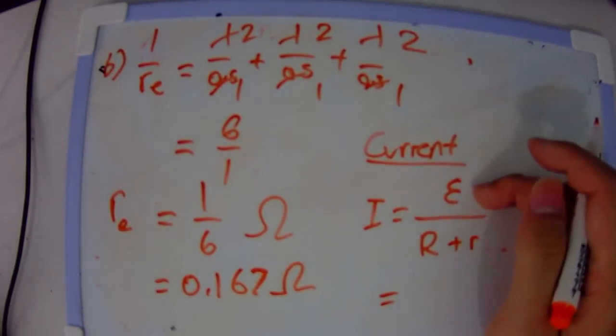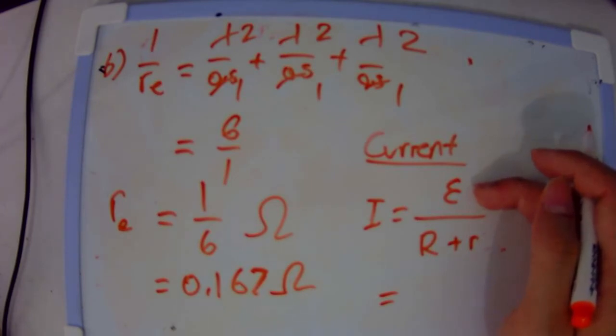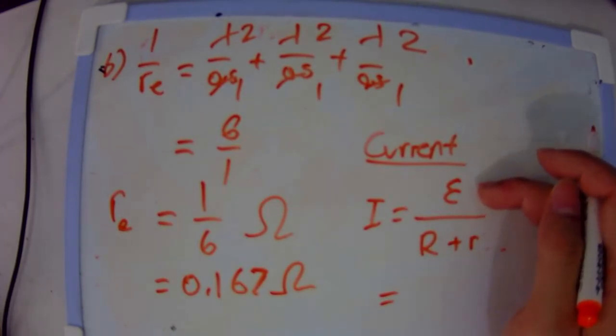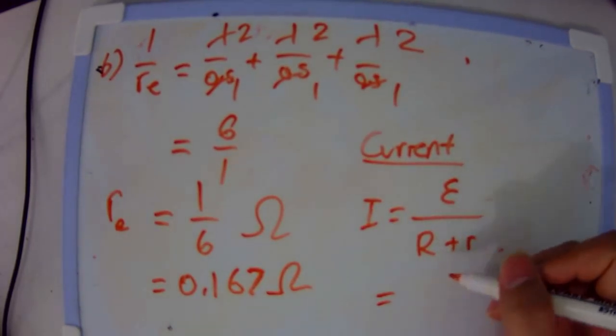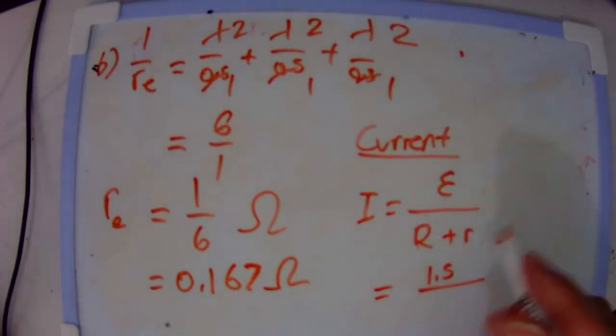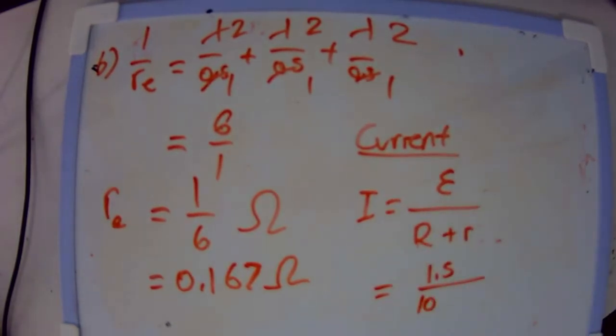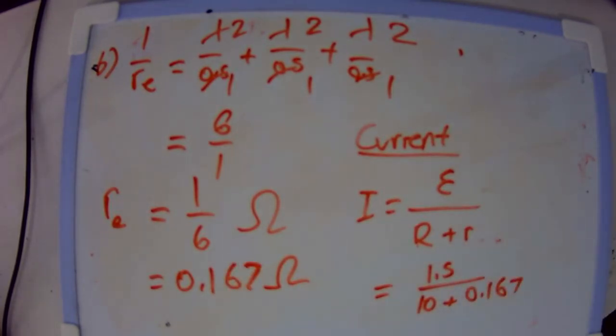Now, even though we're using more batteries, because it's in parallel, the EMF does not increase. You do not add the EMF together. You just maintain the same amount of EMF, so you still only have 1.5. External resistance is 10. Internal resistance now is 0.167.